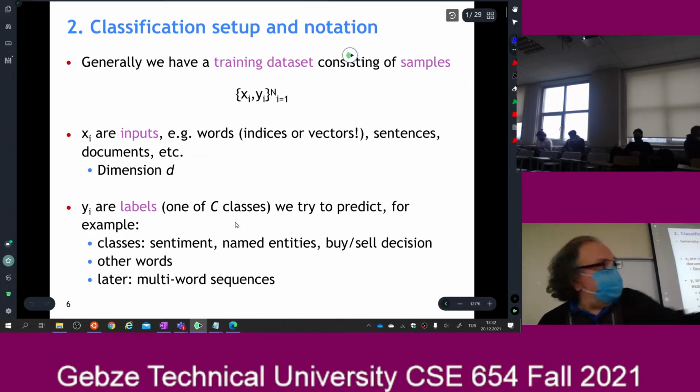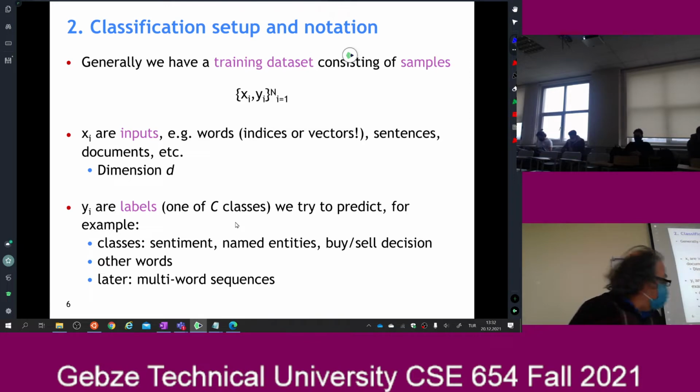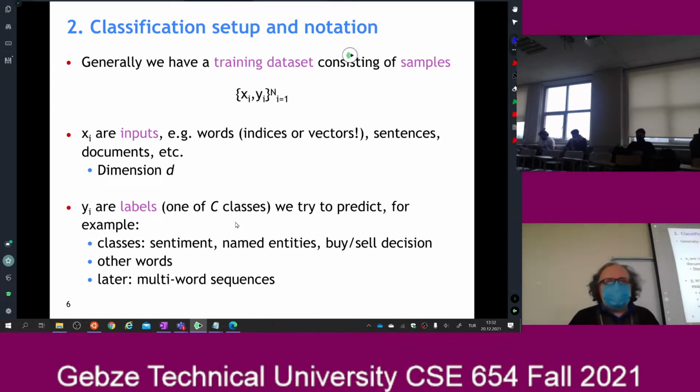Okay, so last time we started talking about using neural networks for natural language processing tasks, and we started from a very simple example actually. We said that we are going to feed our words or documents or NLP related stuff to our networks, and they are going to make us some decisions.